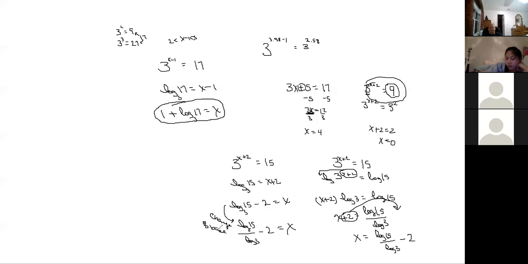Unless they've done logarithms. But yeah, the purpose of logarithms is to solve these types of exponential equations. That's why we do them.